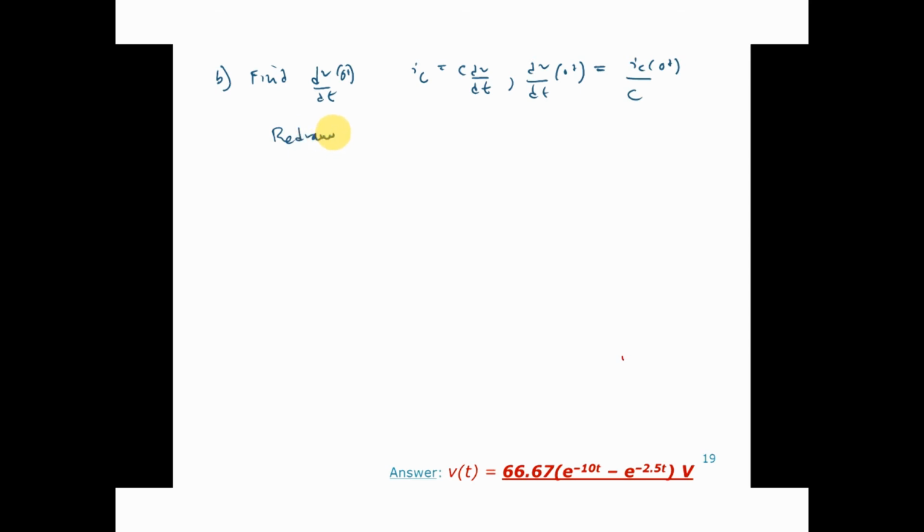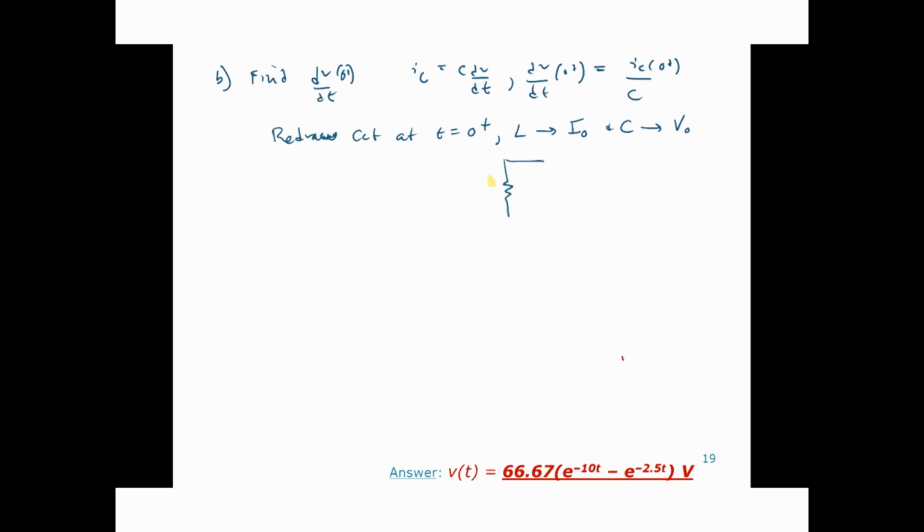We're going to redraw the circuit at t equals 0 plus. But now the L is going to be replaced by a current source of I0, and the C is going to be replaced by a voltage source of V0. This makes it so much easier if you do it this way.